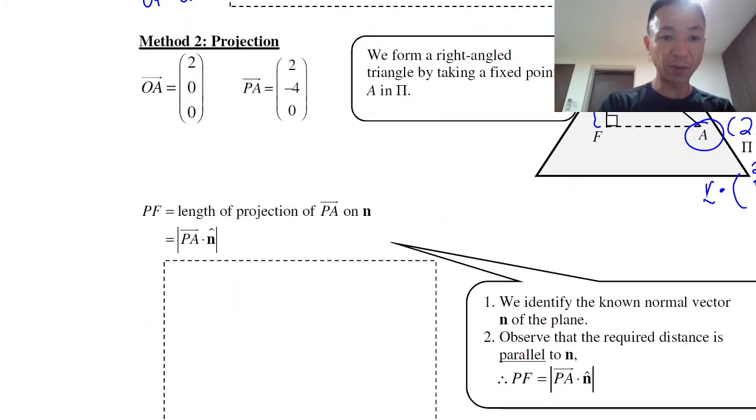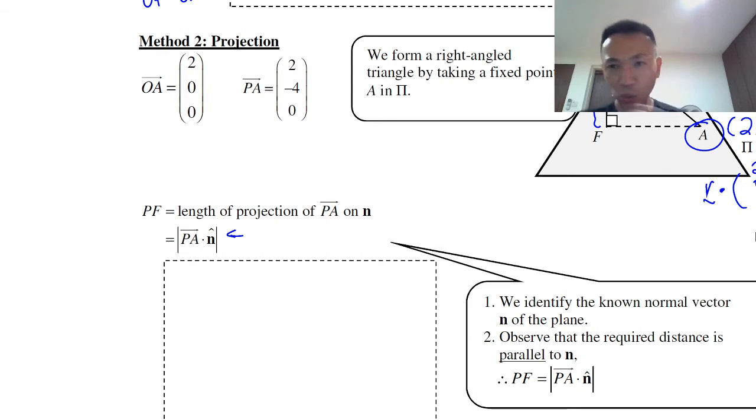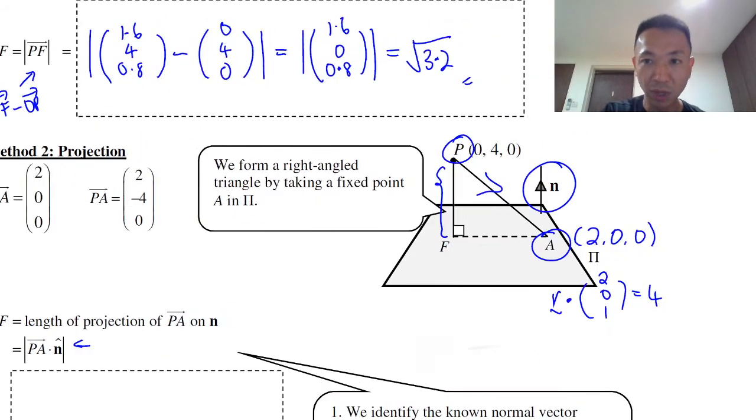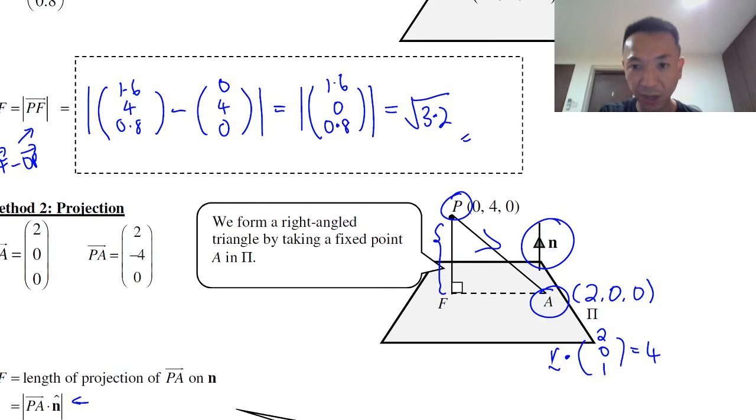So it is this formula here, the modulus of PA dot n hat. I suggest you don't memorize the formula. There's nothing to memorize. If you can draw the diagram well, you know where the normal vector is, and you can find PA. Don't memorize this formula, please.